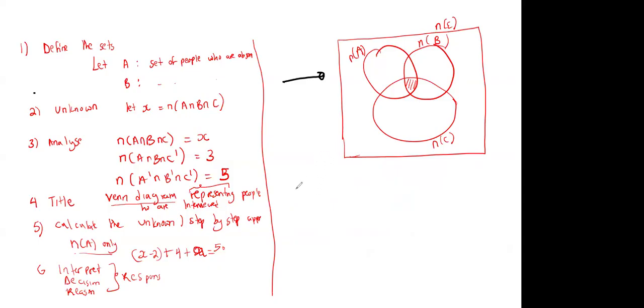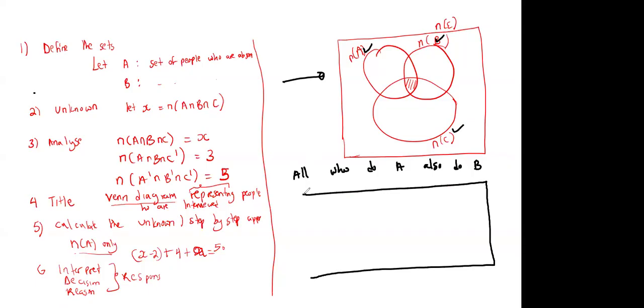Sometimes a common wording they can use is to give you things, let me say A, B, and C. Then they can tell you that all the people who do A also do B. Something like that. So sometimes when you meet such statements, your Venn diagram will depend on how they describe it.